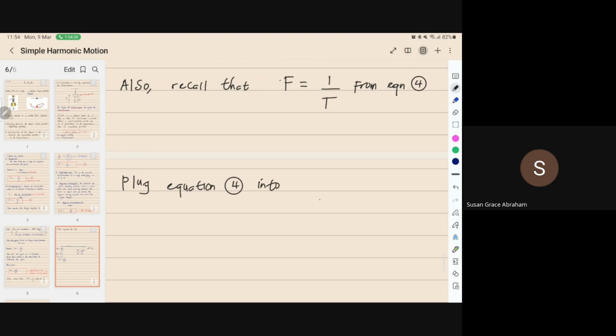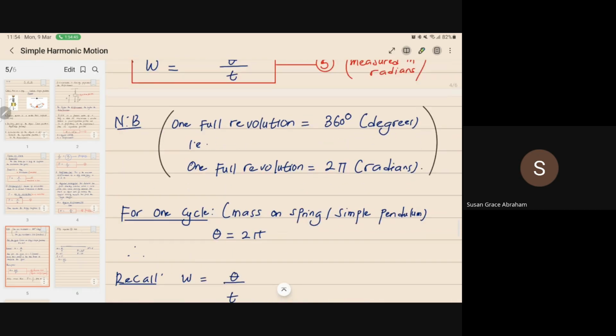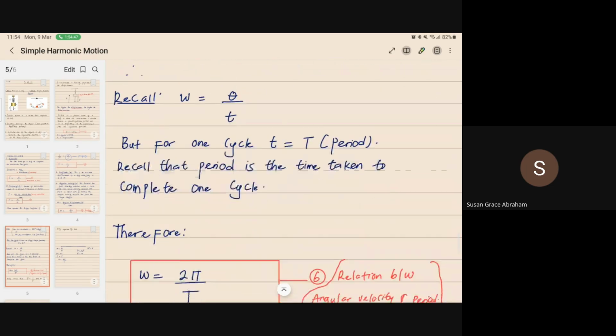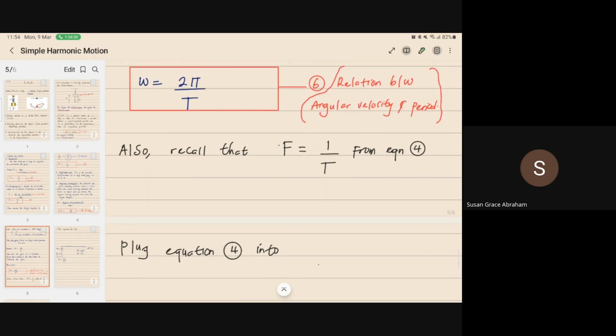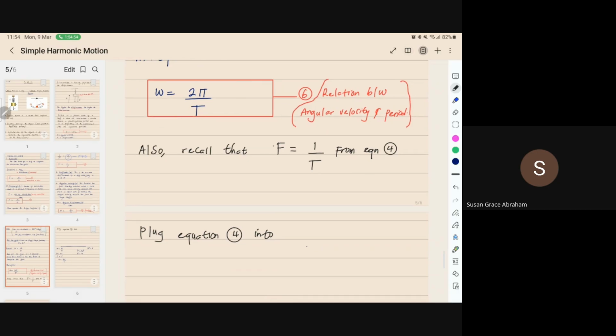Is that okay? So plug equation 4 into equation 6. I'm trying to look for a perfect example for you to understand what I'm saying. It's more like when we learned precision, we said that 1000 millimeters will give us 1 meter.